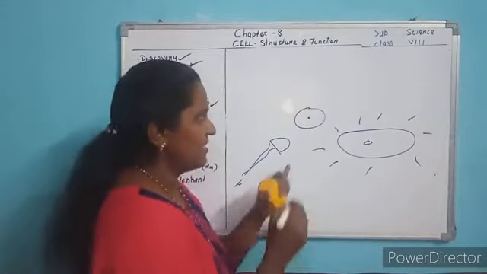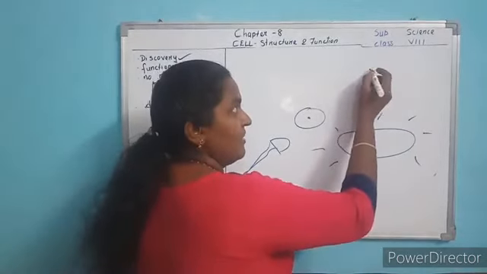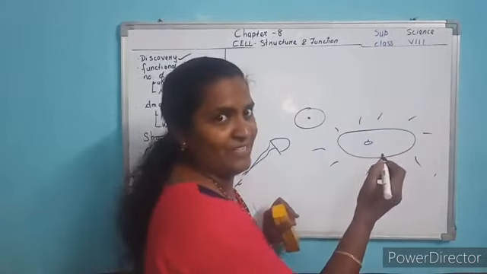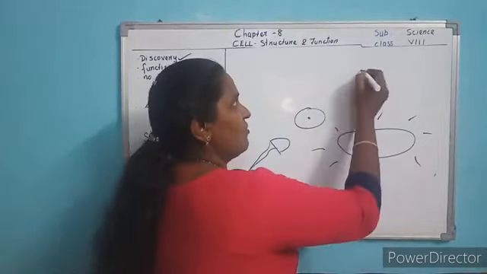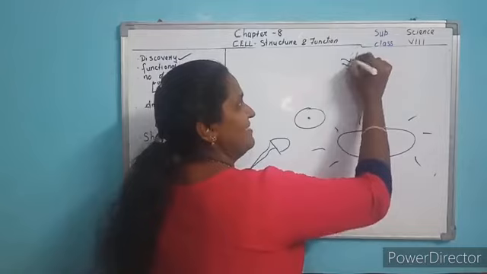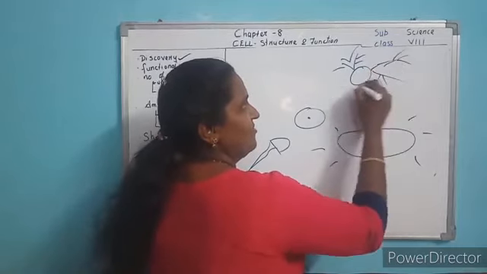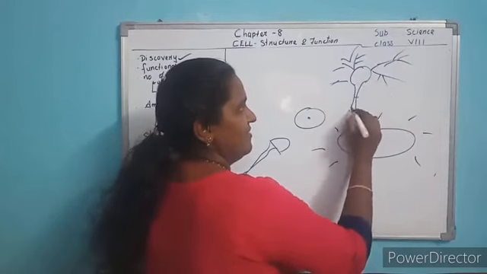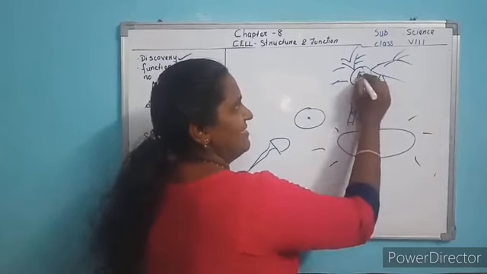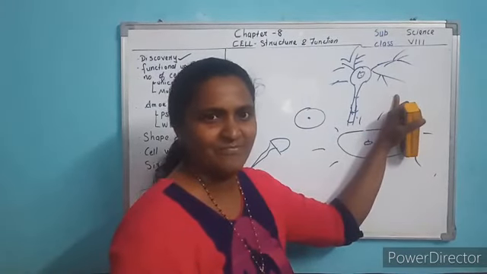This is a sperm cell, this is a red blood cell, this is a bacteria cell. And the main cell is the nerve cell, the neuron. Neuron is called nerve cell. It looks like branches. It is a nerve cell.